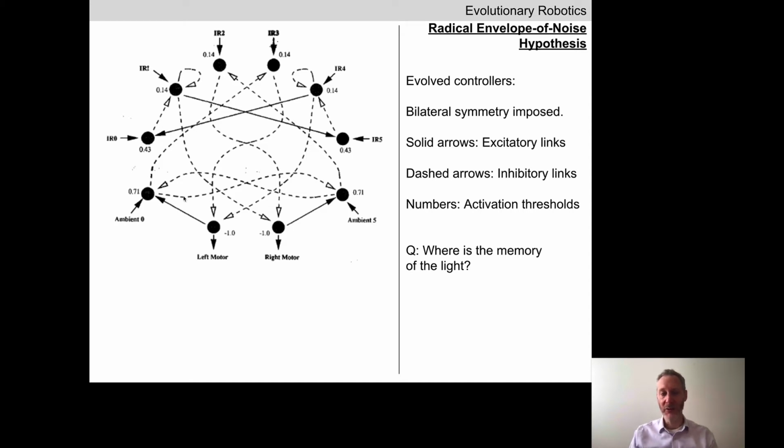And if you look carefully, you'll notice that there's a dashed line going from this one to this one and another dashed line going from this one to this one. The dashed arrows represent inhibitory links. Inhibitory synapses or inhibitory links are those that have a negative weight associated with them, meaning the more strongly the presynaptic neuron fires, big positive number times a negative number is a big negative number.